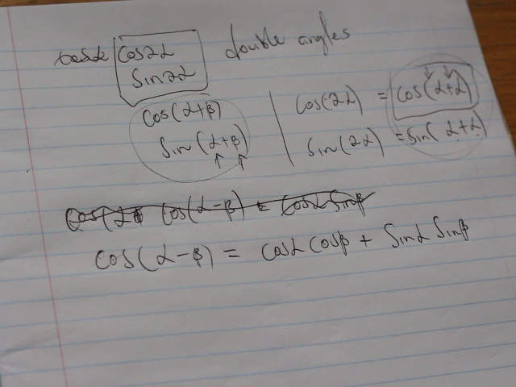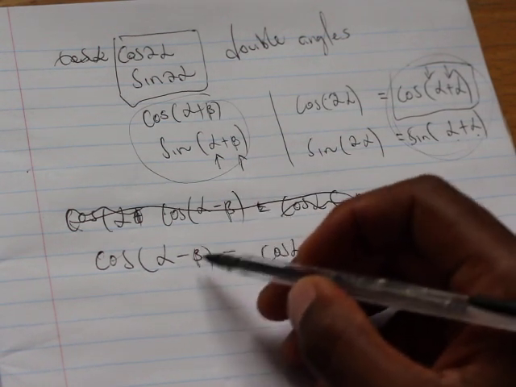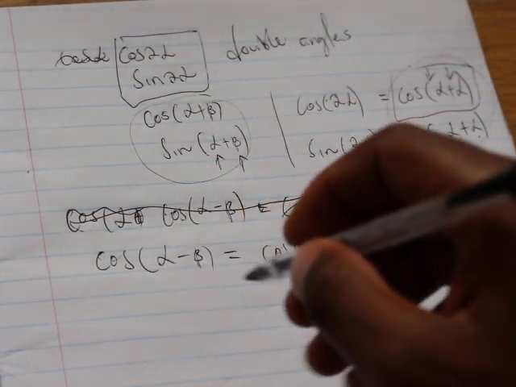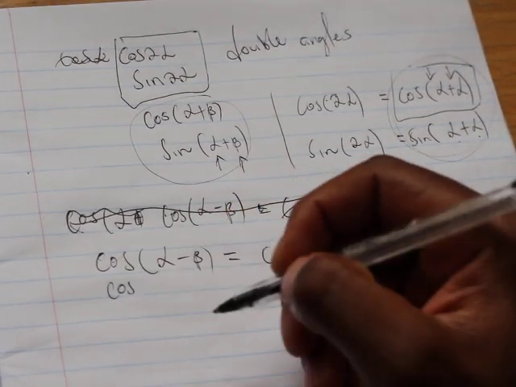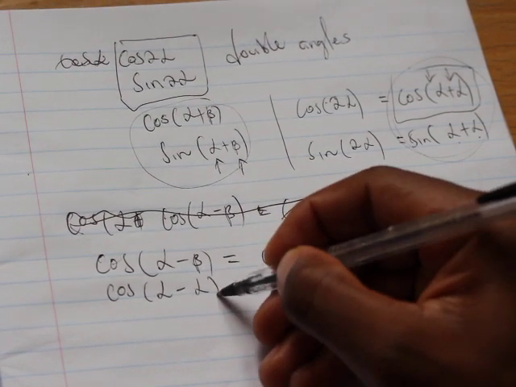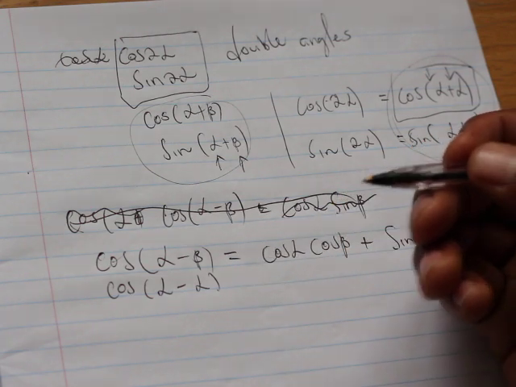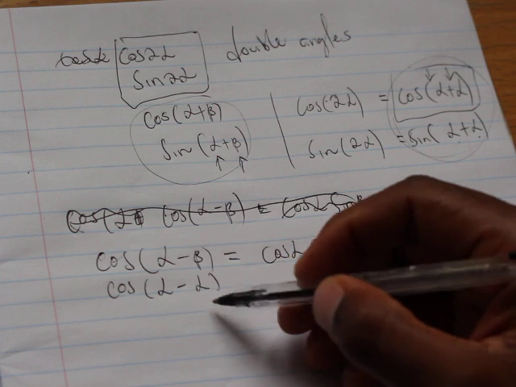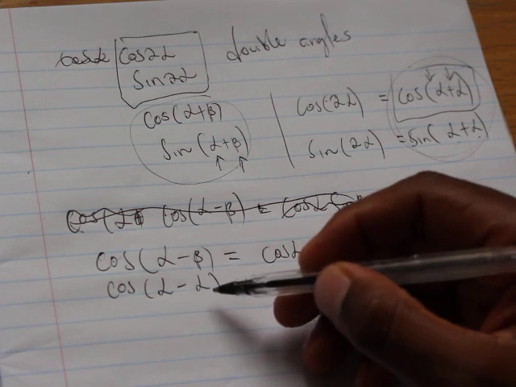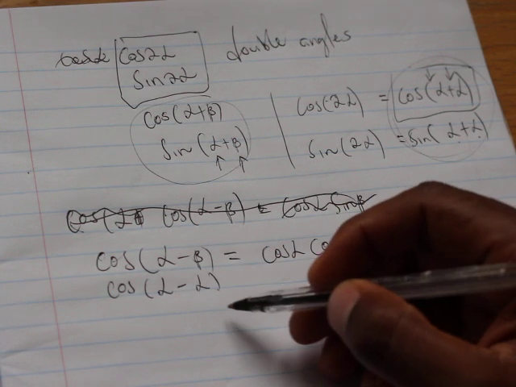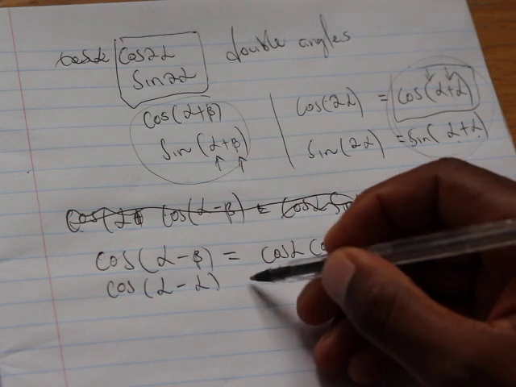This is the identity. And even if the two angles were identical, if we had cos alpha minus alpha, this would definitely give you the cosine of 0. The cosine of 0 is 1. So if you were to expand this, it would give you 1. So you can still expand like this.